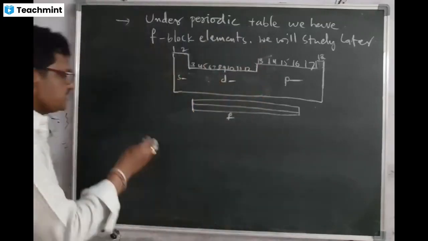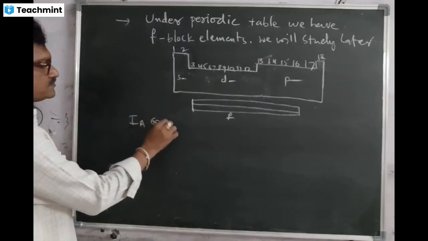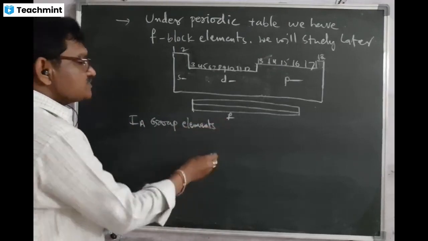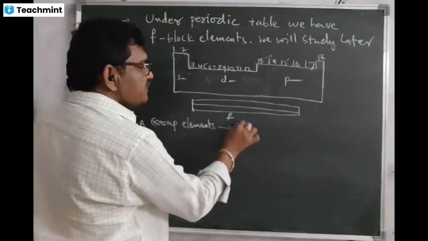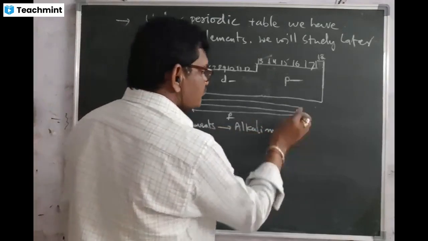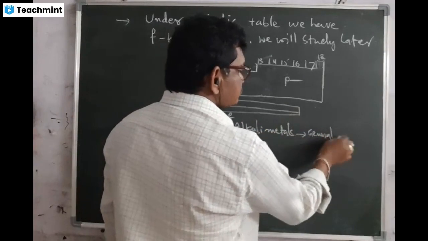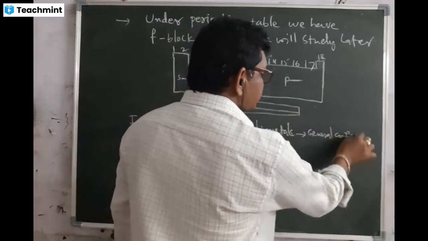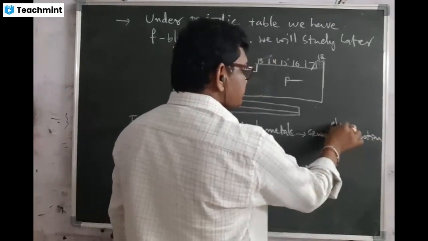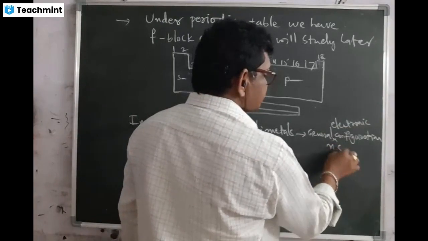So what is the first A group? See, I write here: first A group elements. First A group elements are also called alkali metals. And the general electronic configuration is NS1.